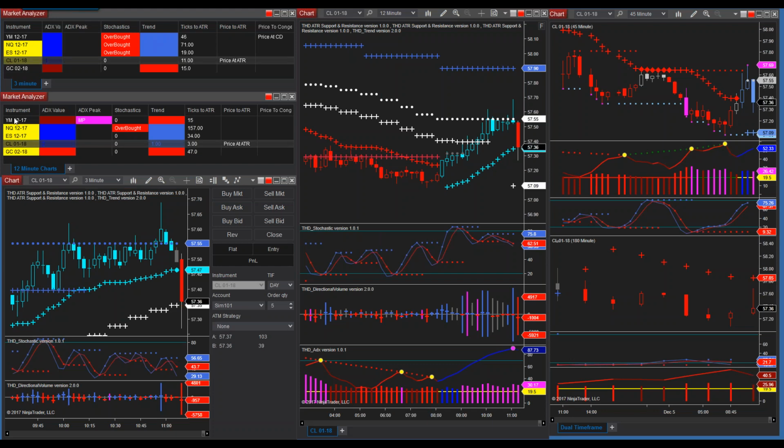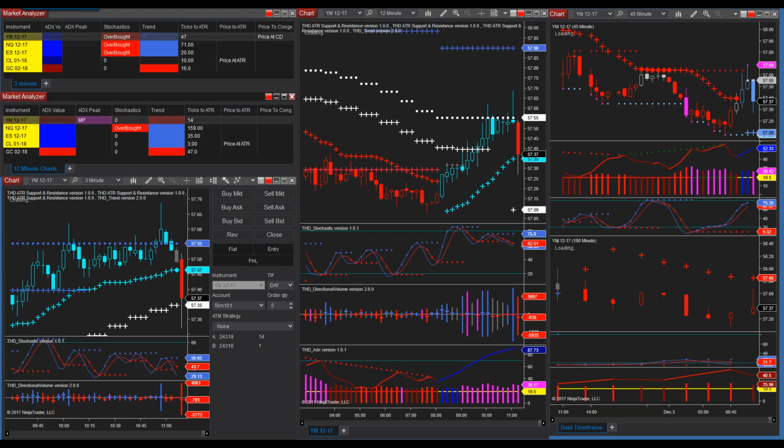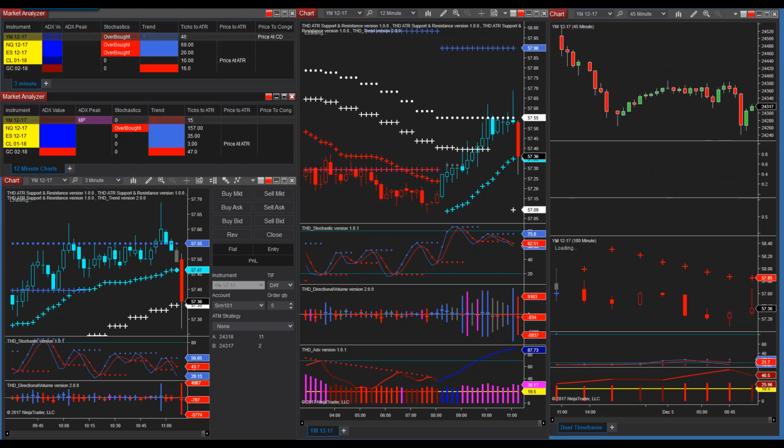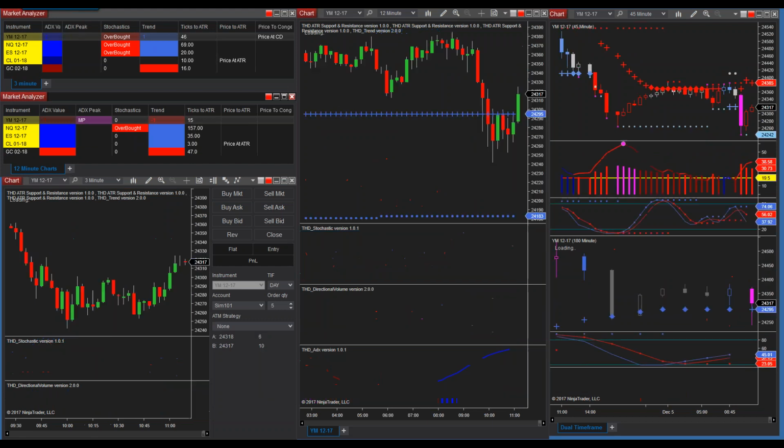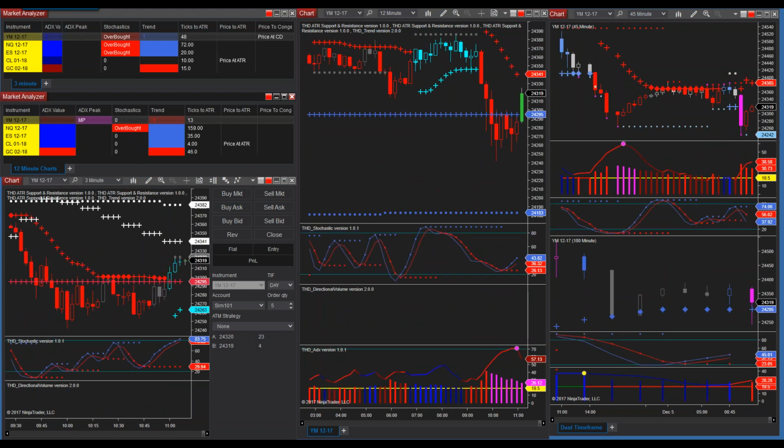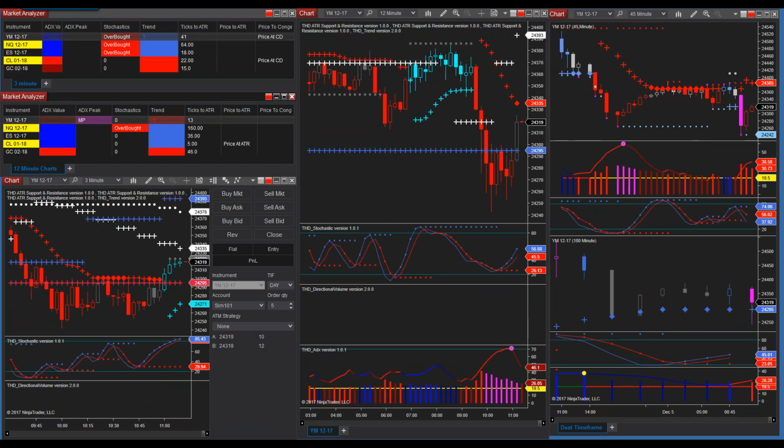You've got a magenta peak on the 12-minute Dow chart. That just indicates that it should retrace back to this ATR at 24,336. It's been within about 10 ticks of that so far.